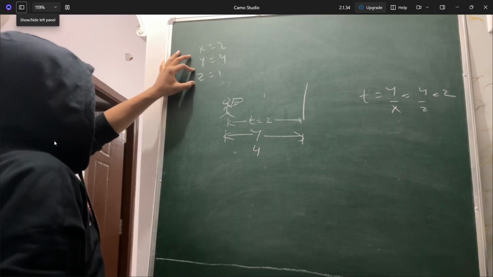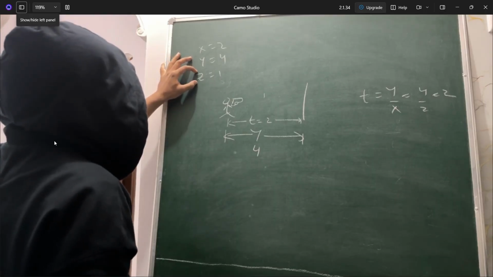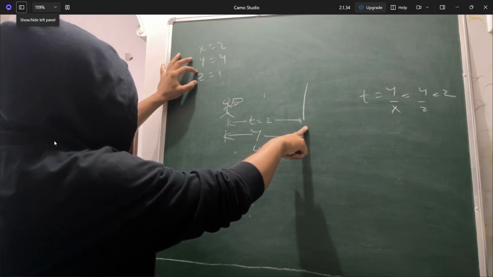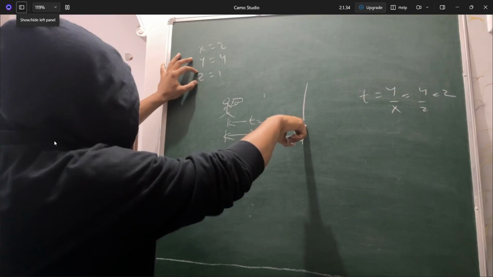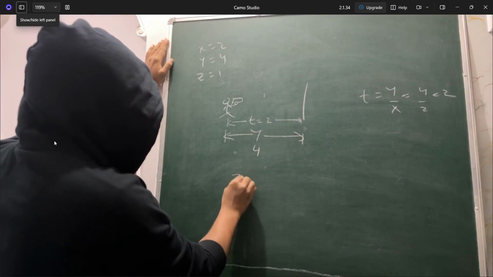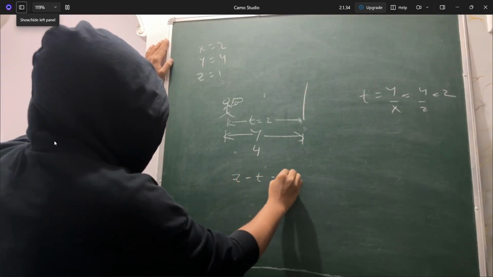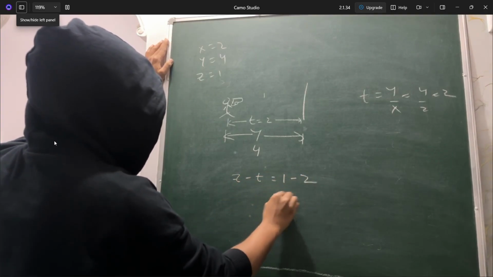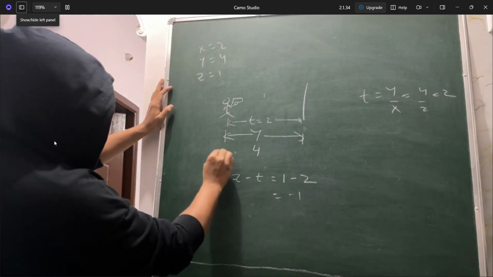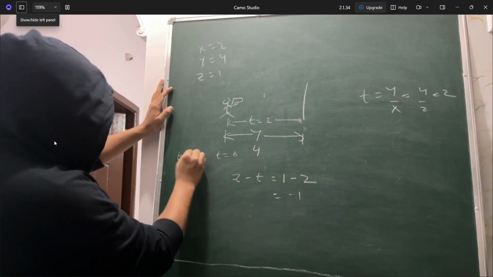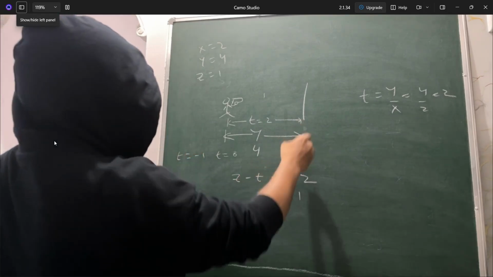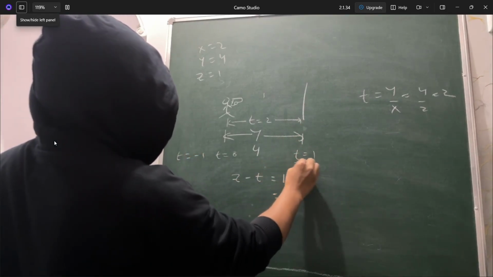And they're saying you'll have to wait. I mean, the bullet which is hitting the zumba, the time of reaching has to be greater than or equal to 1. So if you try to find z minus t, z is 1, minus t is 2, this will give minus 1. So ideally, not when time is 0, but when time is minus 1, if you shoot at that time, it will reach at time 1, which is z, right?